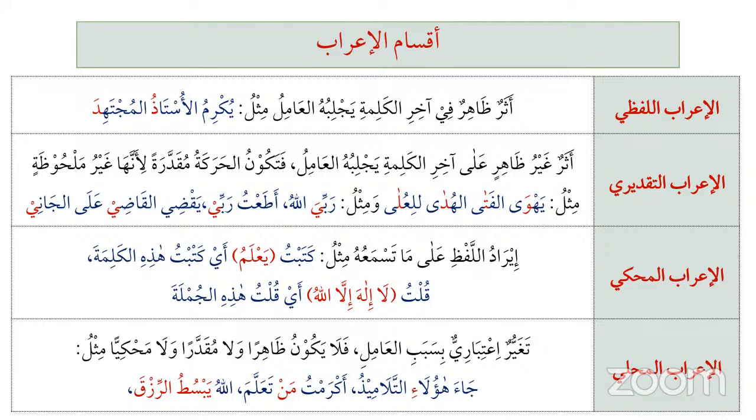So yabsutu, the fa'il is inside, which is huwa, and that refers back to ismul jalala. And Allah spreads out what? The sustenance. Ar-rizq. So the word ar-rizq is what? Maf'ul bihi.